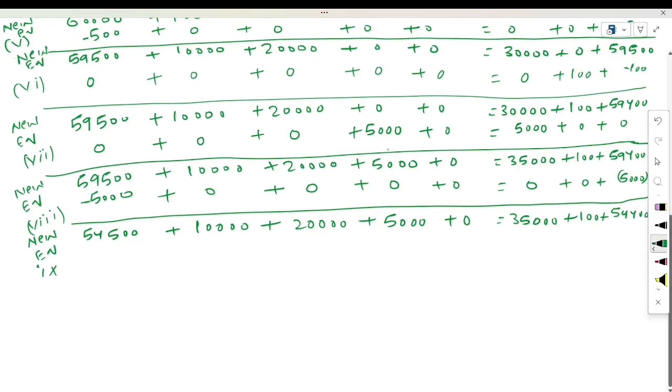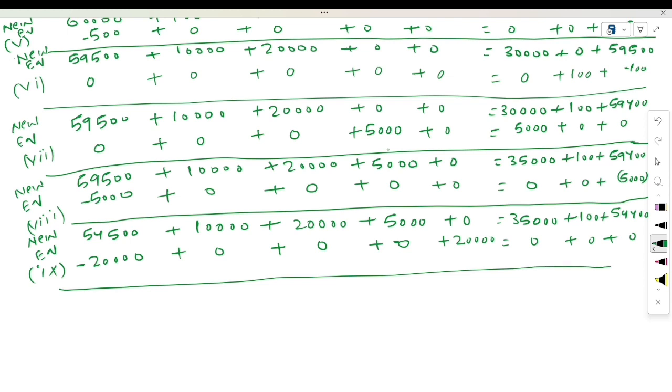This is transaction number 9. Here bank balance no impact, stock no impact, furniture no impact. Here this is the motorcycle head. Here 20,000 will be increased, is equal to 0, 0, plus here also 0.